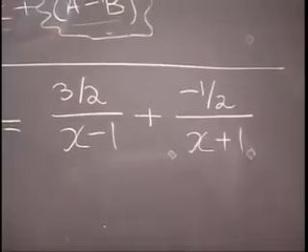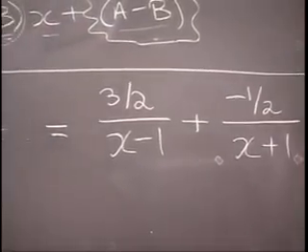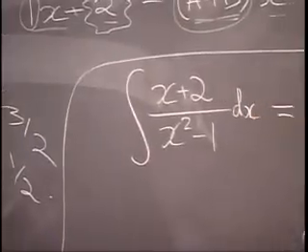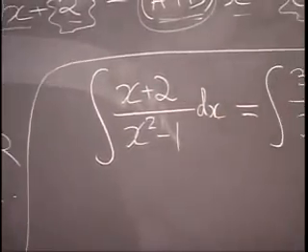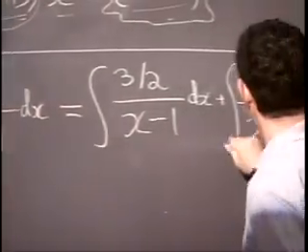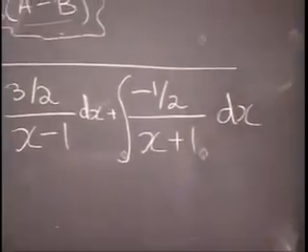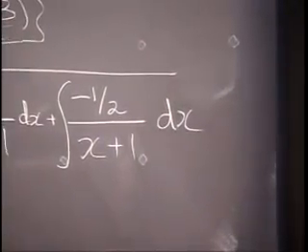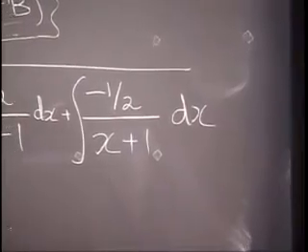Right, so now what are we going to do? Well, we want to integrate this. So let's just integrate these two pieces. Not bad. Now you see what we've done. We've busted up a more complicated expression into 2 easy pieces.